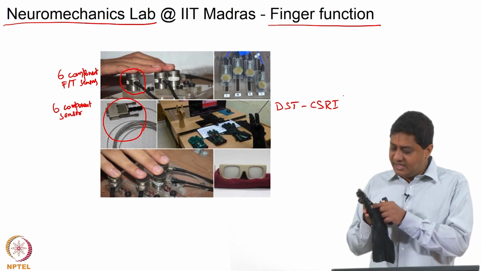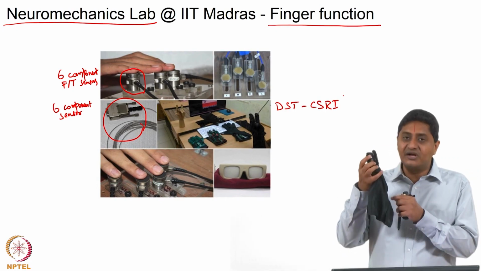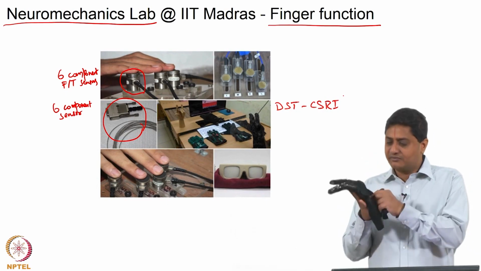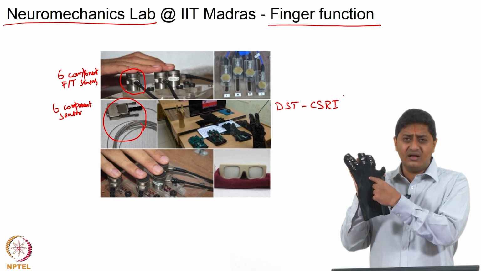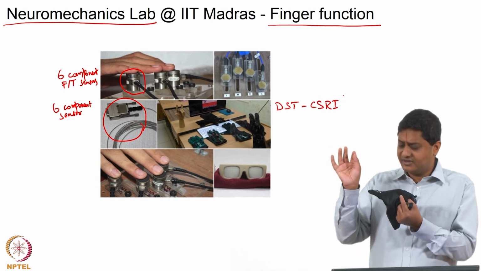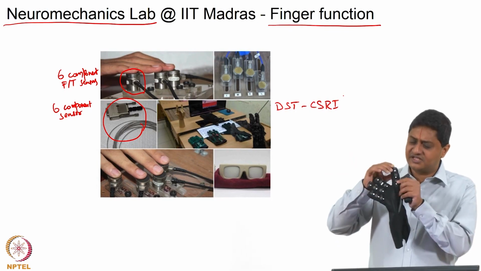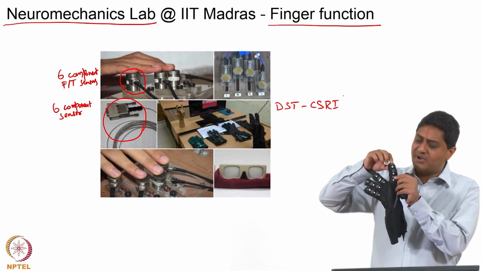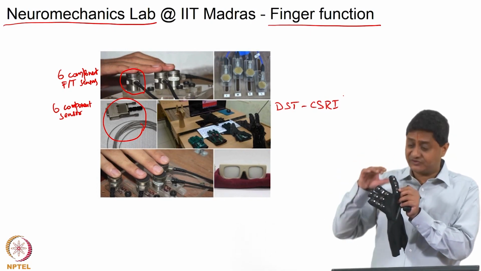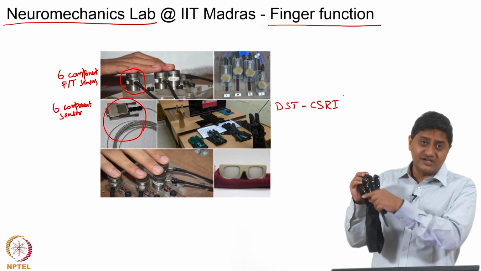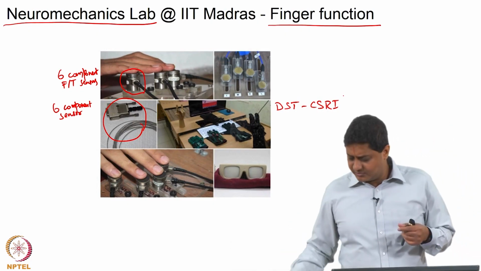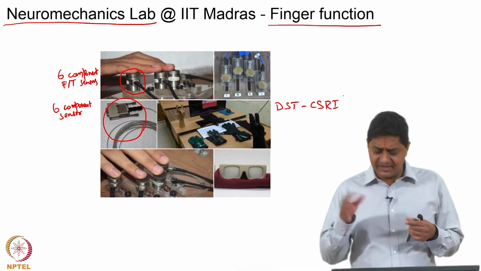This glove is worn on the hand, and when different parts of the different fingers are touched, for example, the distal most segment of the index finger, a particular alphabet is going to be typed on the screen. We have several such alphabets, and people learn to type this using practice over several days.